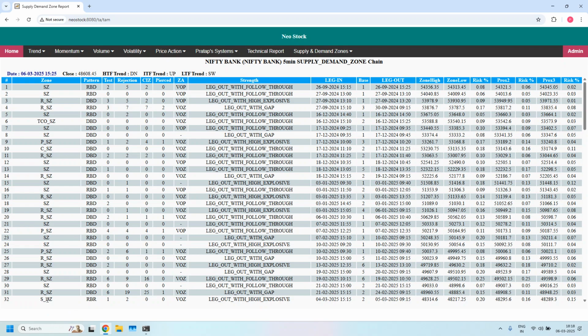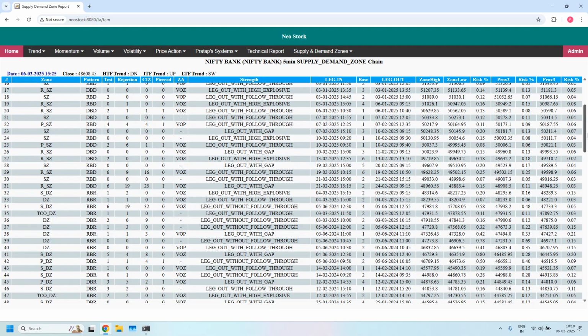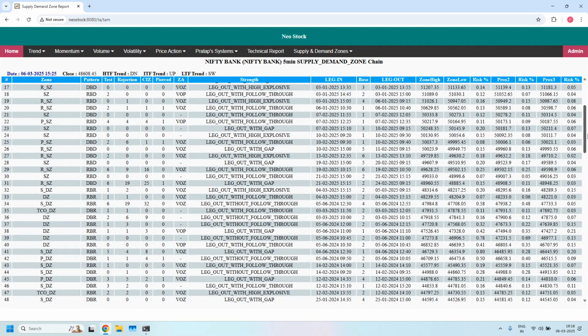So let me keep this demand zone in the center. Serial number 32 is the nearest demand zone to the current closing price, and 31 is the nearest supply zone to the current closing price. It is a pierced supply zone.